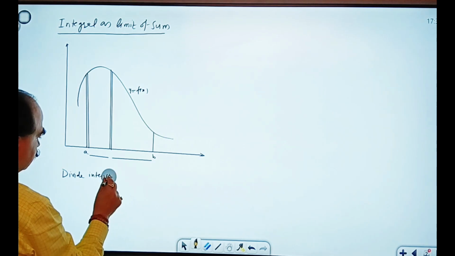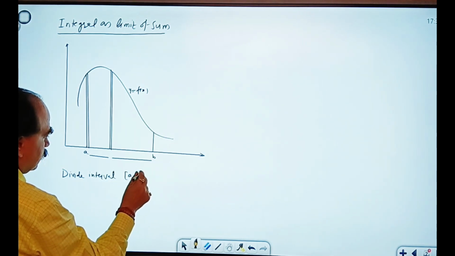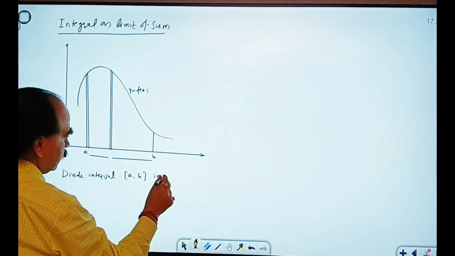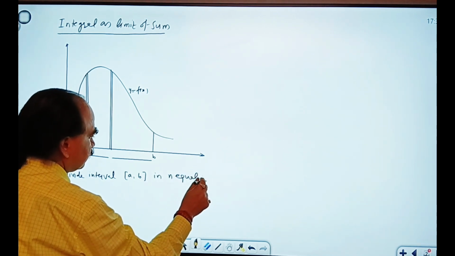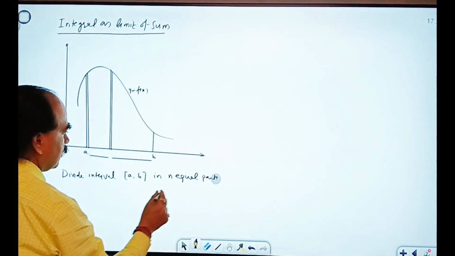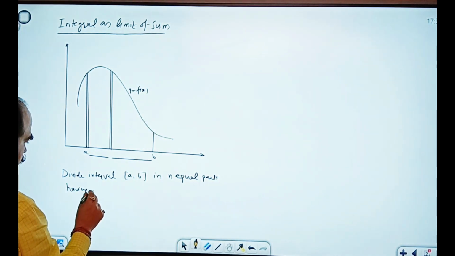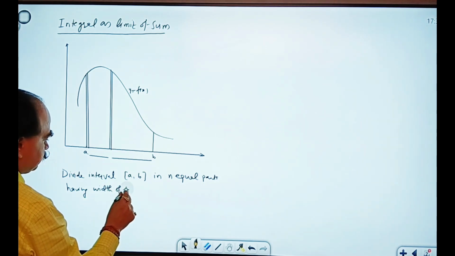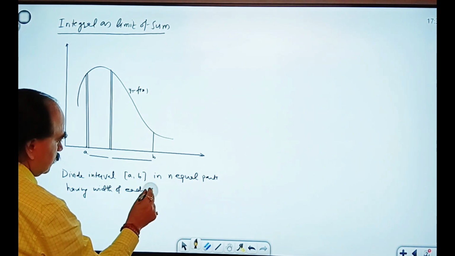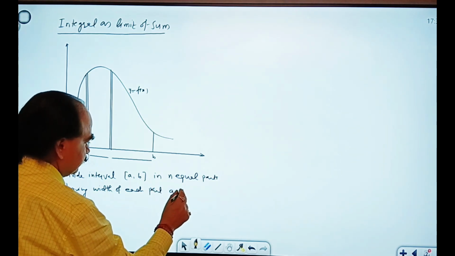Divide interval AB in n equal parts having width of each part as h.